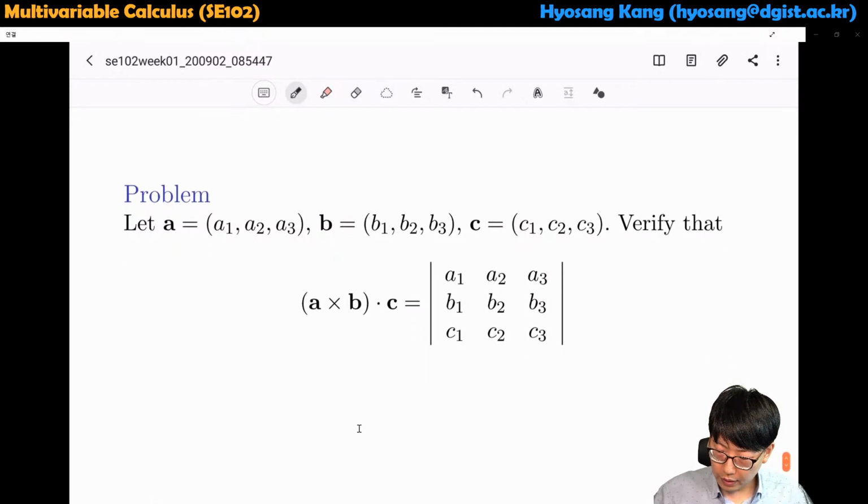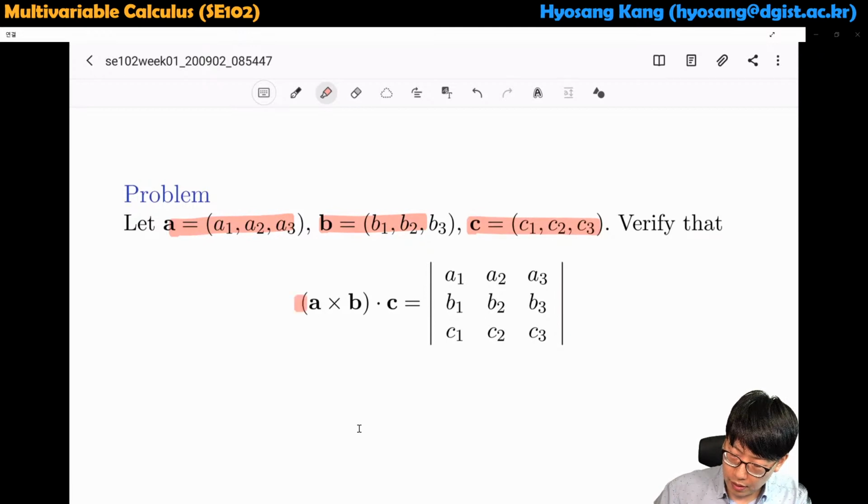Okay, so this problem is about matrices again. I want to show that if there are three vectors A, B, C, then this quantity is equal to the determinant of this 3 by 3 matrix. I need to use the properties of determinants of matrices.